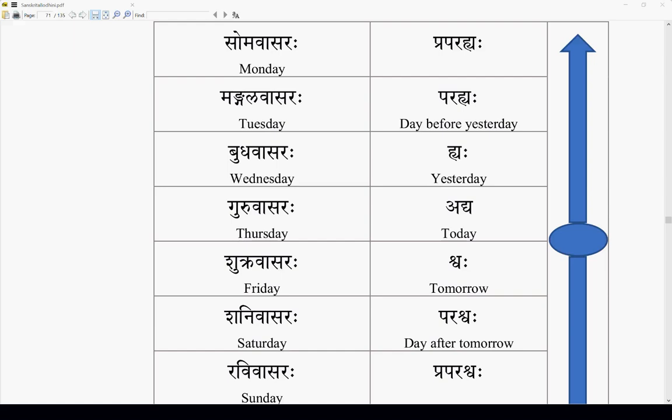Not only that, even if you say Dvija, Dvi means 2, Ja means Janma. So Dvija is twice born, and that is also so widely used. Dvija is used for bird also, because it is coming out of anda. When it is inside the anda, that is the first birth. When the anda is broken and it comes out, that is the second birth.